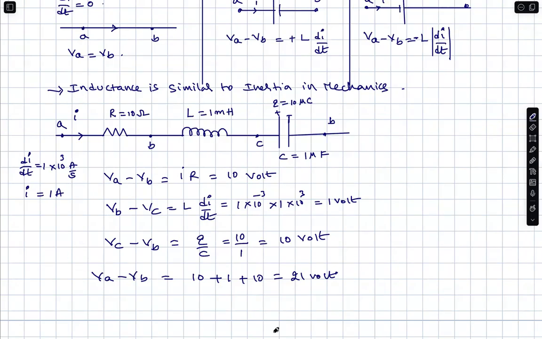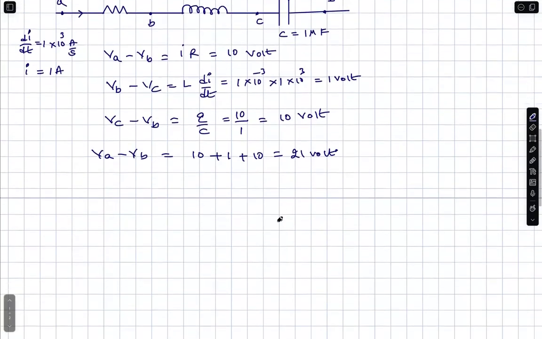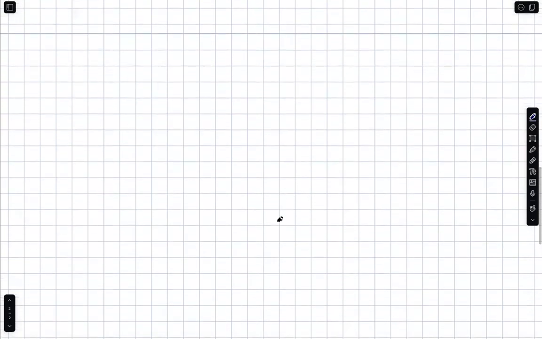Right. The next thing that we need to learn is, okay, you've understood the basics. So the next thing we need to understand is how to determine the self-inductance of certain elements, basically the elements involved, an ideal solenoid.